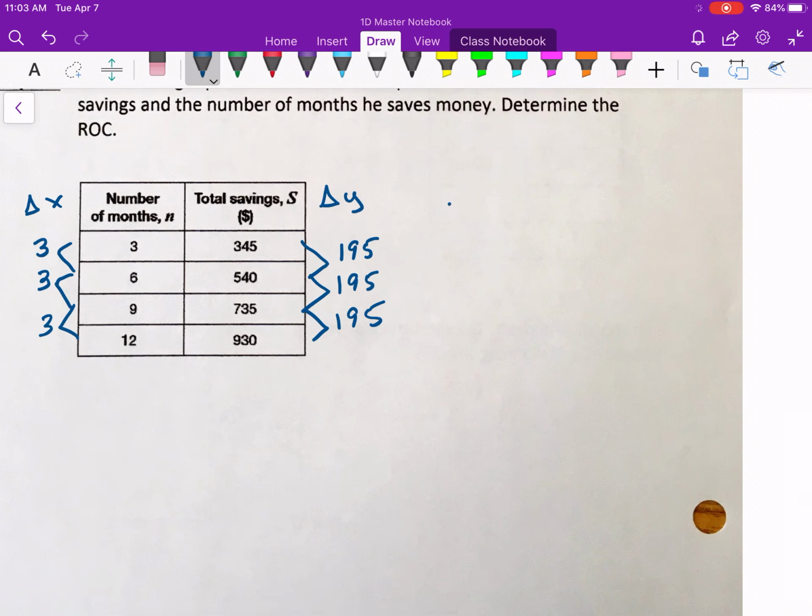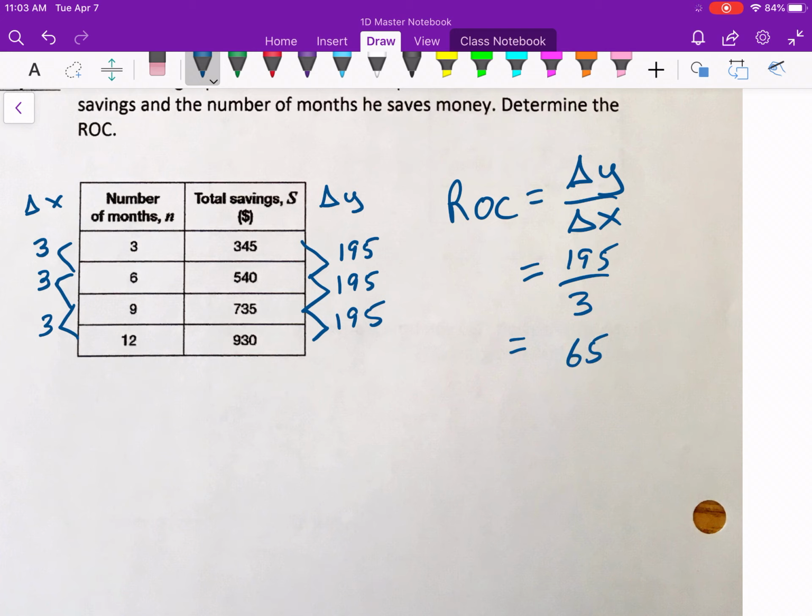So rate of change equals delta y over delta x. So 195 divided by 3. If I work that out, then that's 65. But again, I should have units in there. That'll give it some meaning.